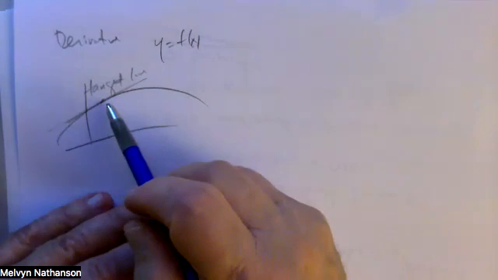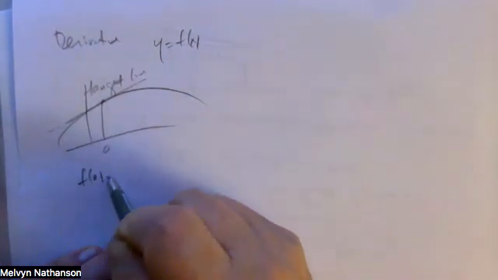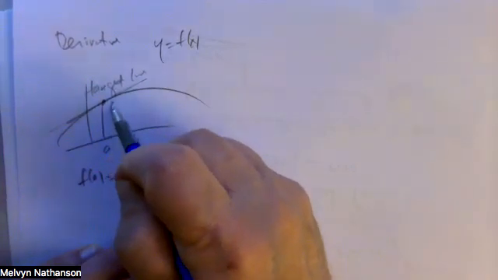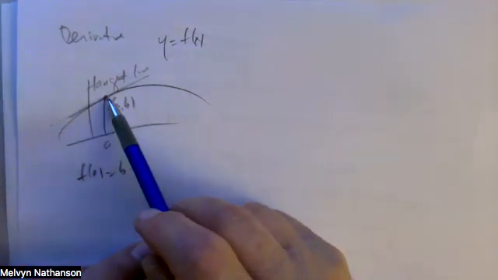So if this is, let's say, a, and f of a is equal to b, on the graph this is the point (a, b). And we want to draw the tangent to the curve at that point, or we want to approximate the curve by a straight line at that point.